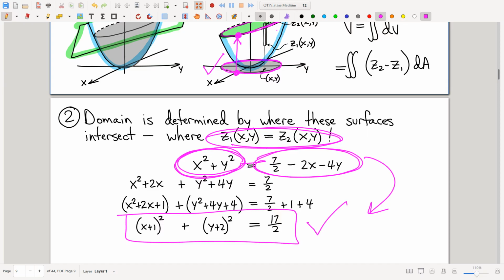Is there ever a case where the domain's not in the xy-plane, so you have to set them equal? Oh yeah, sure. It might be in the yz plane or the xz plane, something like that. If it was in the yz plane, would it be the x's equal?